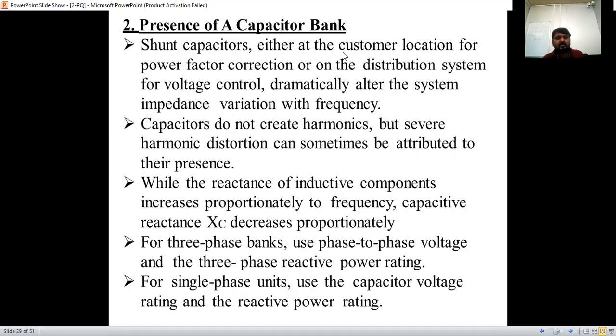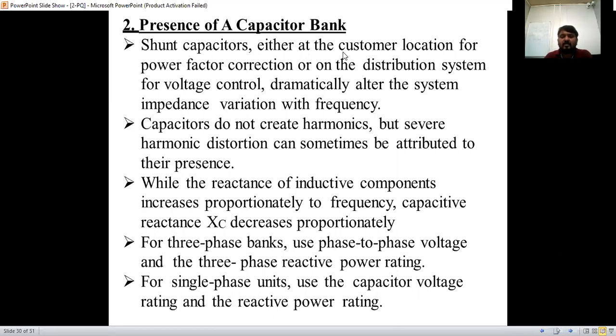The second point is the presence of a capacitor bank. Why do we use capacitor banks? They are used for power factor correction. If the inductive load increases, the inductive reactance in the circuit increases, and the capacitive reactance will start to decrease.